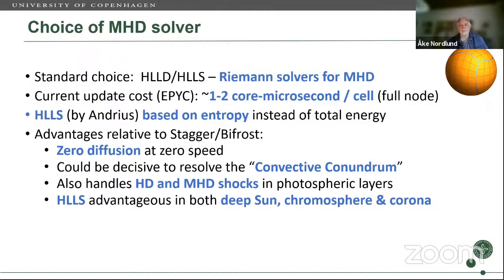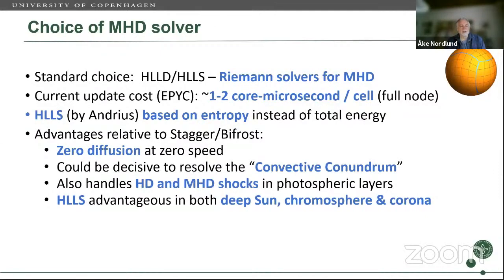So that's the reason why a Riemann solver would really be perfect here, because it can go to very, very low diffusivity. And the current update cost is still only of the order of 1 to 2 core microseconds per cell.